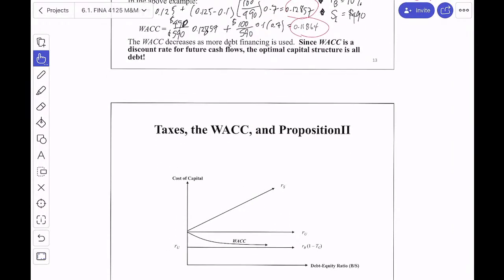What happens is that we have cost of capital on this axis, and I have the debt to equity ratio here. And as there's more debt, and in the extreme case, the optimal debt is all debt because the value of the firm increases with debt.